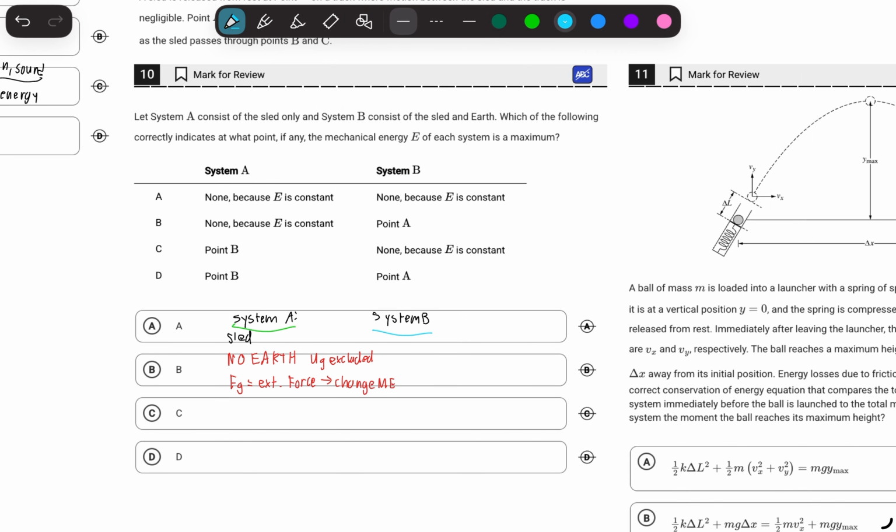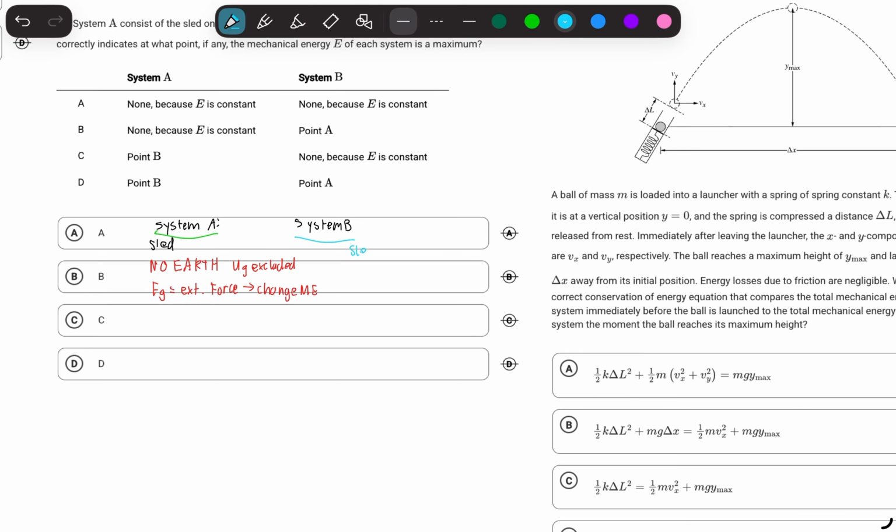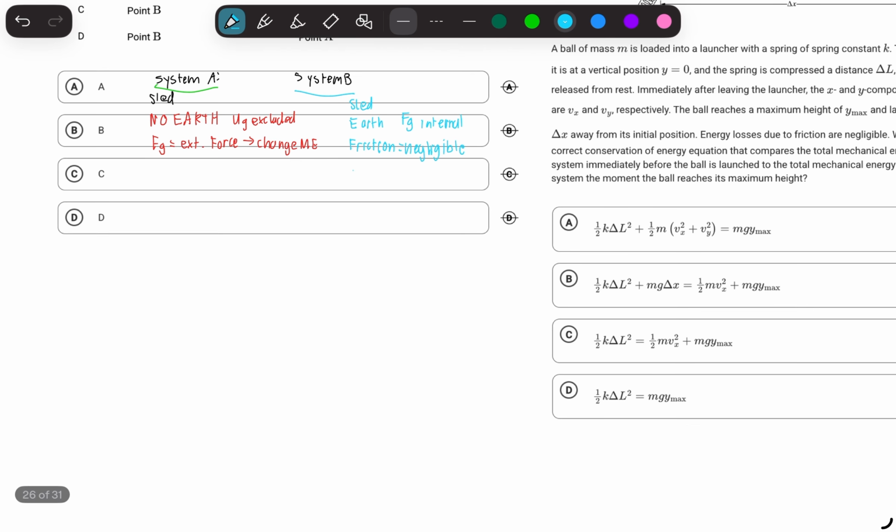So for system B, this is when you have the sled and the earth. So FG is going to be internal, and friction is going to be negligible. So that means that the only forces that you have are going to be the internal forces. Only your internal forces are going to act.